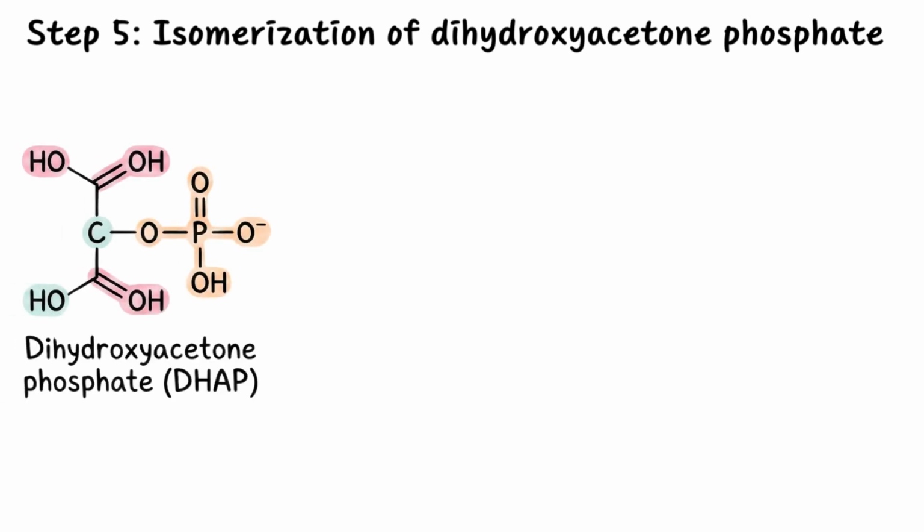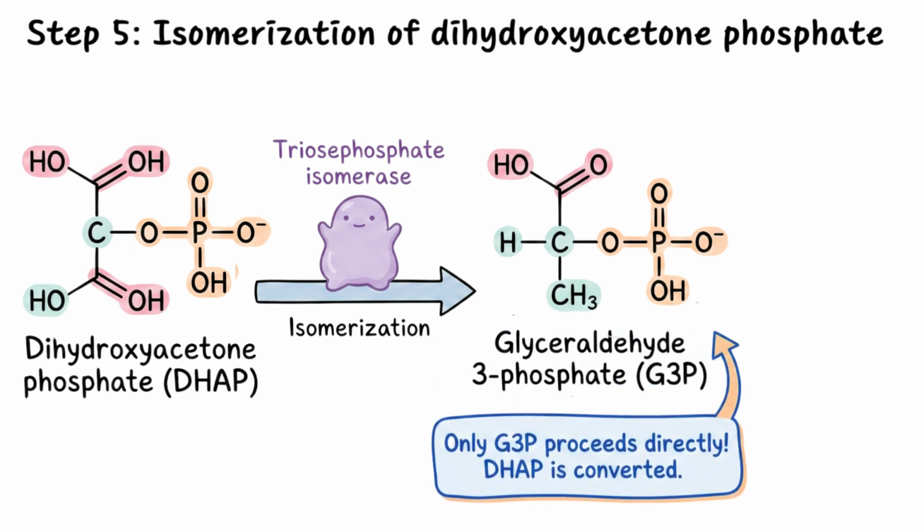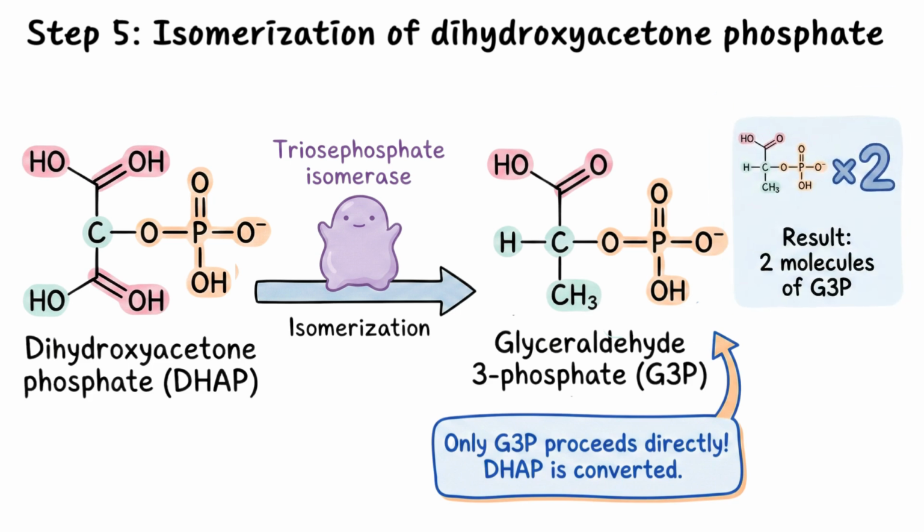DHAP is converted into glyceraldehyde 3-phosphate, that is G3P, by the enzyme triose phosphate isomerase. DHAP and G3P are isomers, but only G3P can proceed directly into the next step of glycolysis. DHAP quickly gets converted into G3P, so we'll have two molecules of G3P from now.